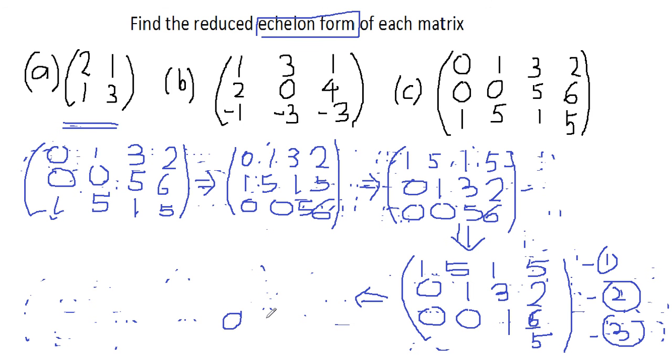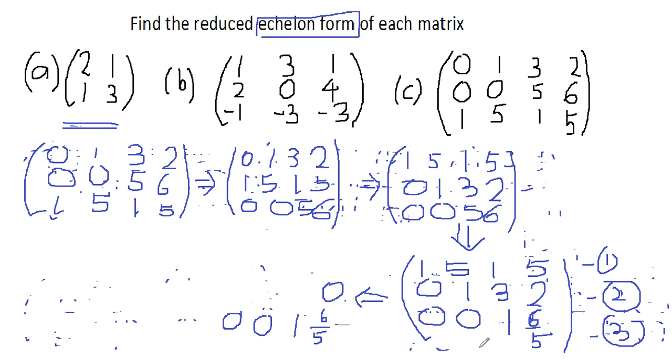So it's 0 again, 0 0 1 6 over 5. So minus 5 over 3 times 6 over 5 will give me minus 2. Minus 2 plus 2 will give me 0. The same goes for this.